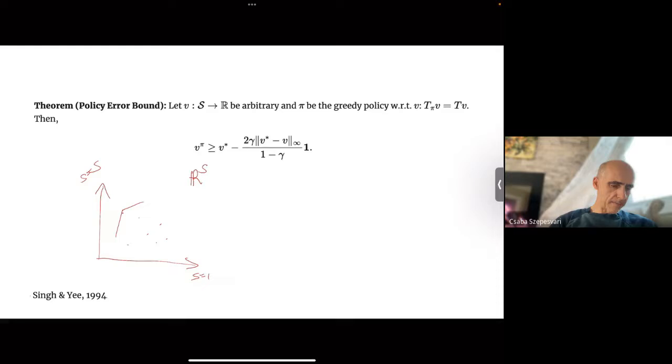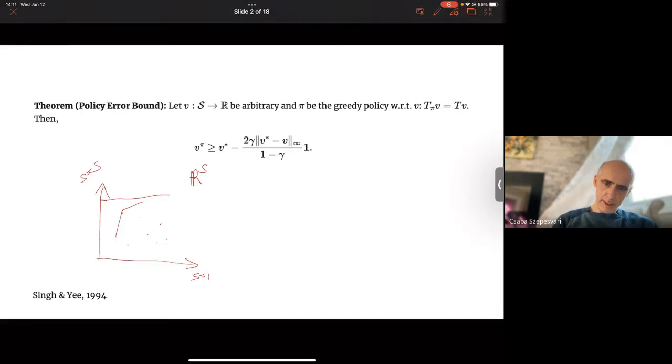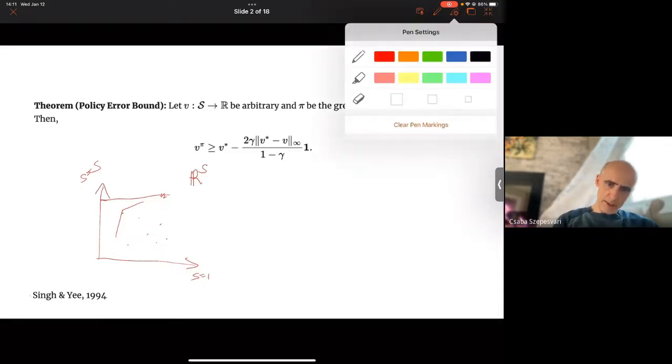And as it happens, the space of value functions has a funny structure. If you, oh, okay. Ooh, let's figure this out. How do I use this? I want to erase. They keep changing the software.